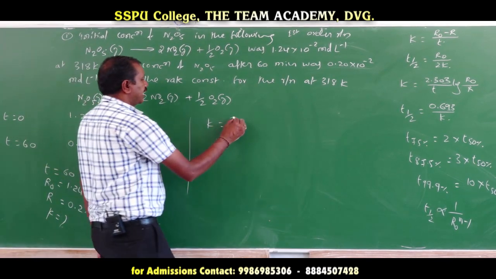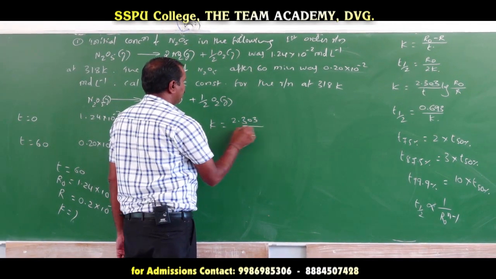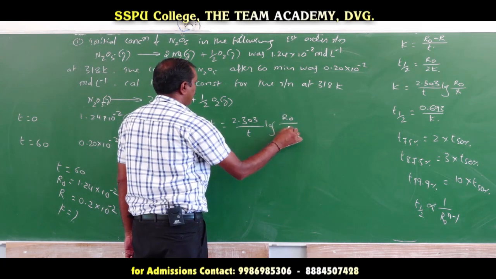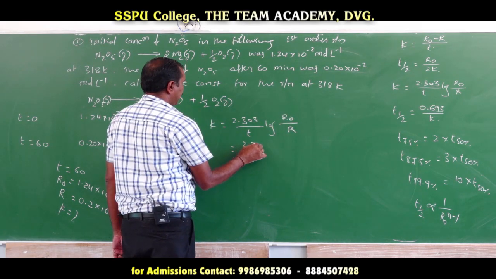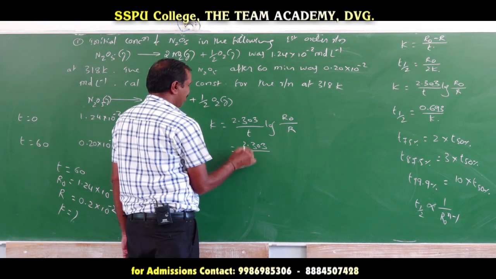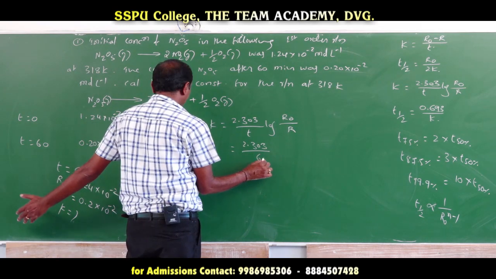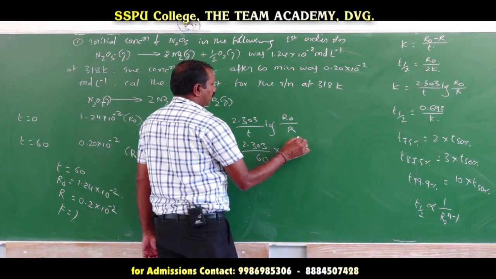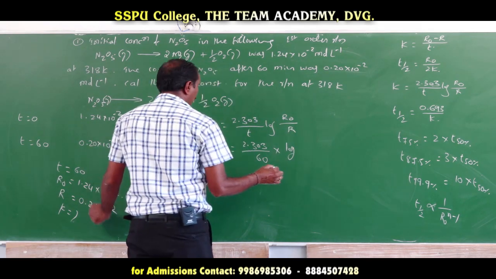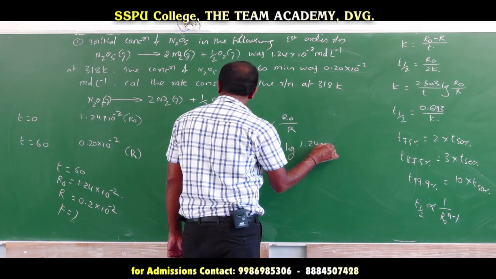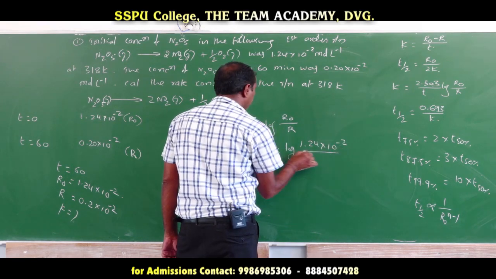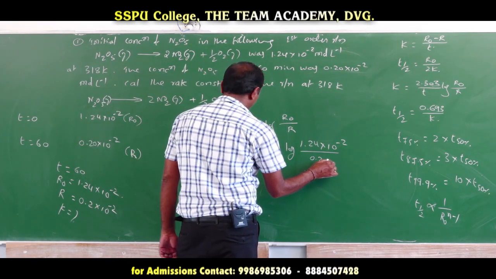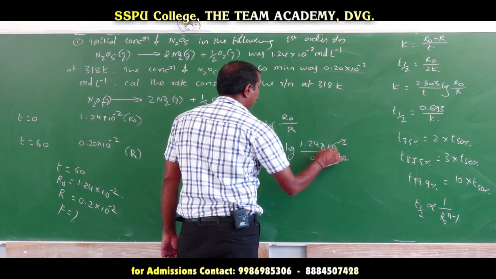K can be calculated by 2.303 by T into log of R0 by R. So 2.303 by 60 into log of 1.24 into 10 to the power of minus 2 by 0.2 into 10 to the power of minus 2. These cancel.